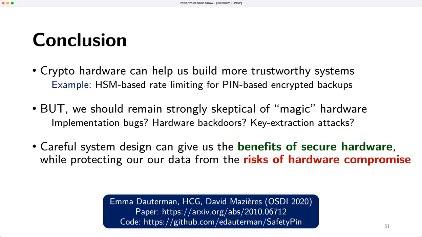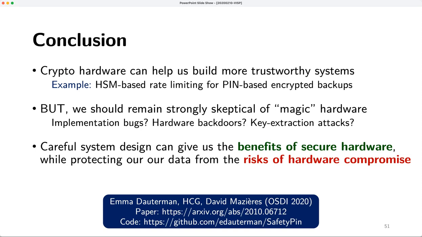Yeah, this is a very good question. I think one thing that saves us a little bit is that the load is spread evenly across all the HSMs in the data center. So each HSM isn't going to see all of the load at once.